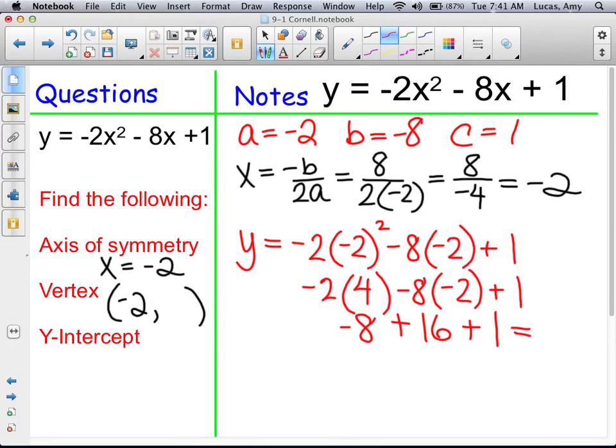The last step, negative 8 plus 16 is 8, plus 1 is 9. So my y-coordinate for my vertex is 9. Last, the y-intercept is C, 1.